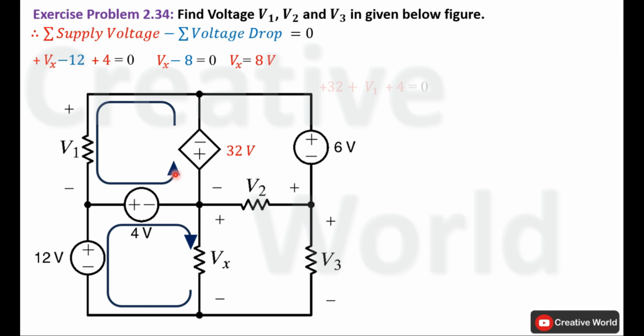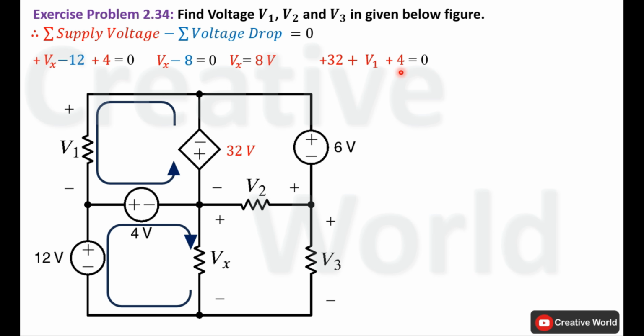Start writing the KVL equation for this closed loop. Start from here. Current entering terminal is positive, so 32 volt will be taken with positive sign. Move to next element. Current entering terminal is positive, so V1 will be taken with positive sign. Move to the last element of this closed loop, that is the voltage source. Current entering terminal of this voltage source is positive, so the voltage across it, that is 4 volt, will be taken with positive sign, plus 4 equal to 0.